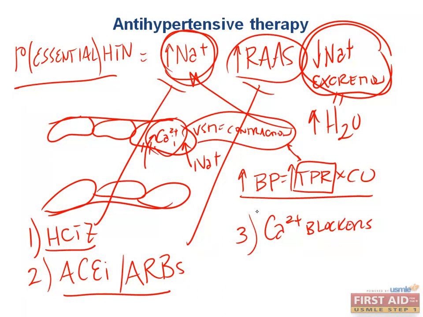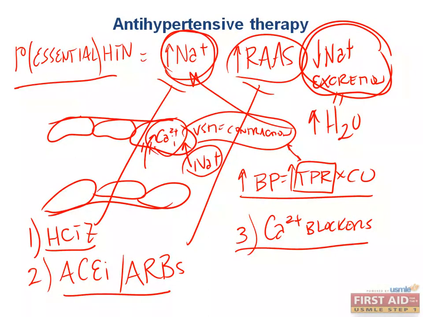And we also block the effects of very high sodium levels on endothelial cells and potential subsequent increases in intracellular calcium in vascular smooth muscle cells and endothelial cells by giving someone a calcium channel blocker.